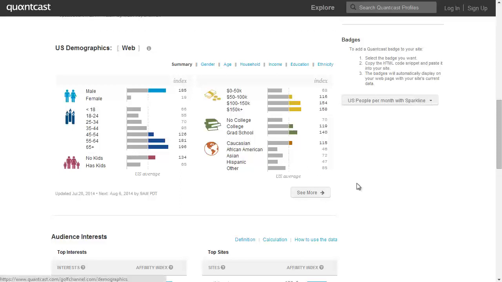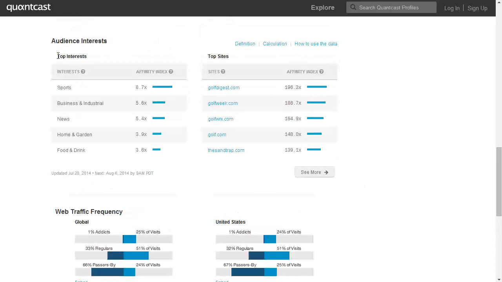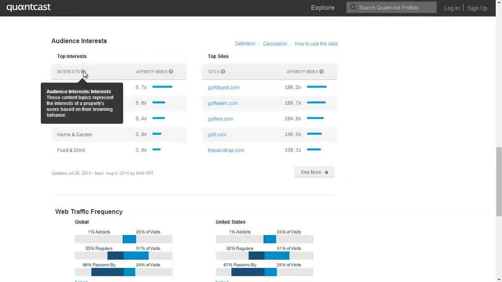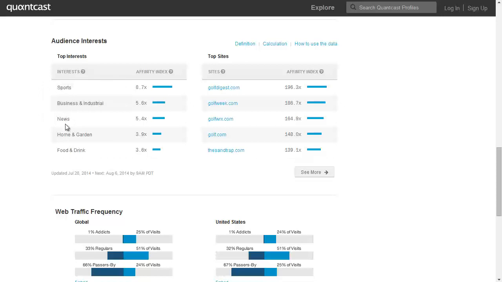And you can also see stuff like other interests that they might have. So even though news might not be related to your product and service, you will know that this type of person is most likely going to be interested in your product itself.